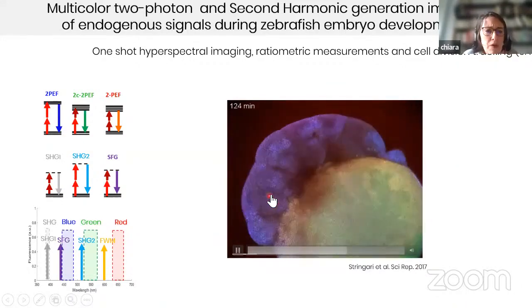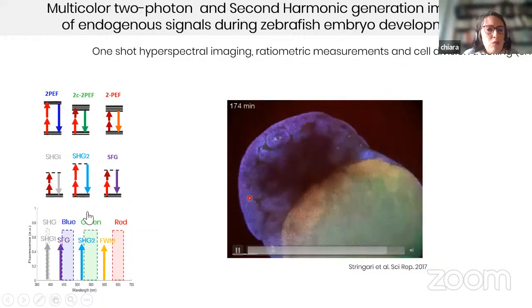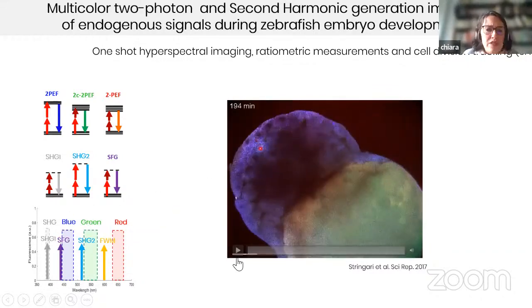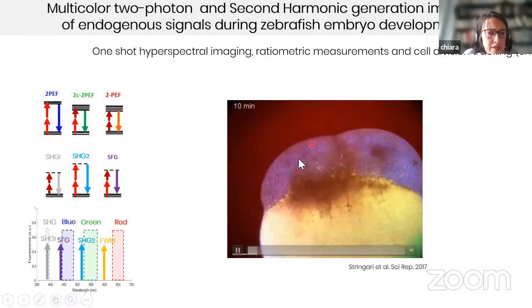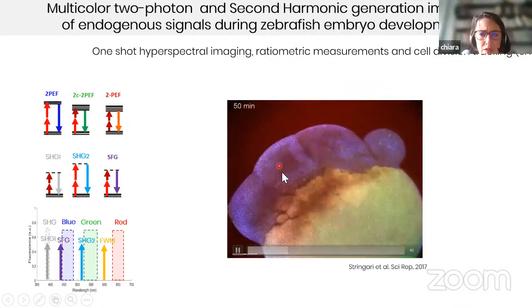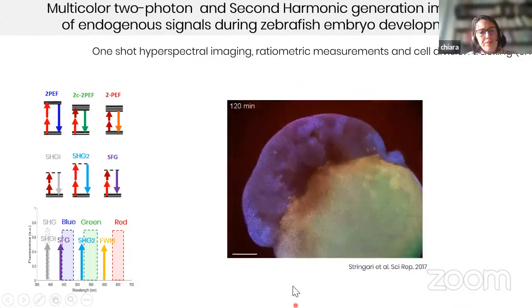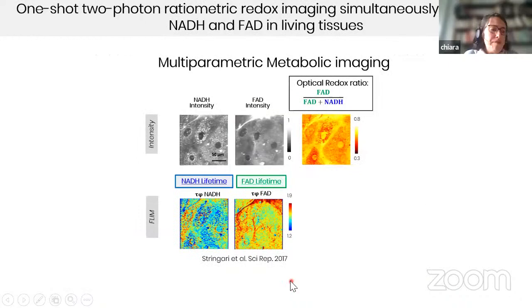And I just want to point out that this is, of course, compatible with second harmonic generation or third harmonic generation. So here, in second harmonic generation, we can see the microtubules during cell division. But we apply this technique mainly for imaging reconstructed skin.